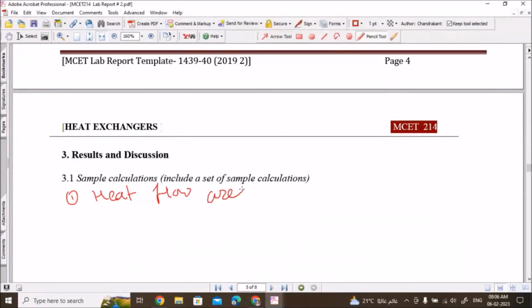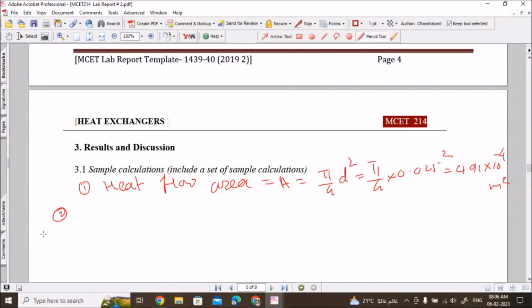Heat flow area of the metal slab is the same, A is equal to pi by 4 d square, equal to 4.91 into 10 to the power minus 4 meter square. Don't forget the unit.